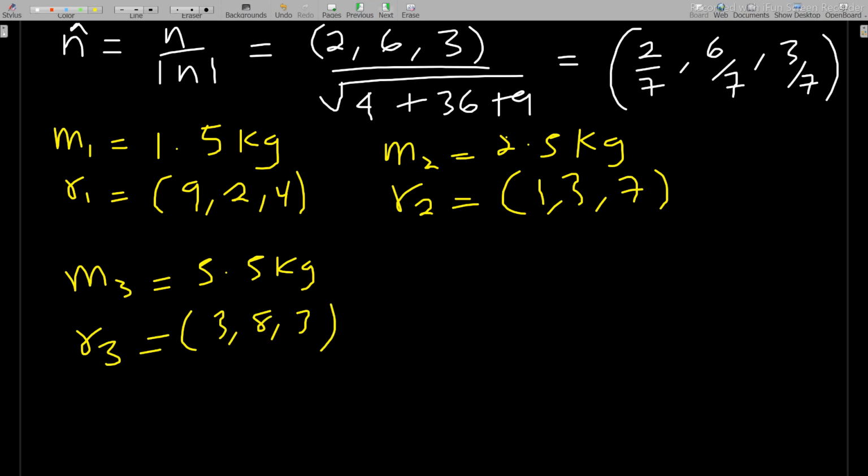For the first element in the matrix, you have to find the summation of mi, yi squared plus zi squared. Since we have three position vectors, we move from i equals 1 to 3.